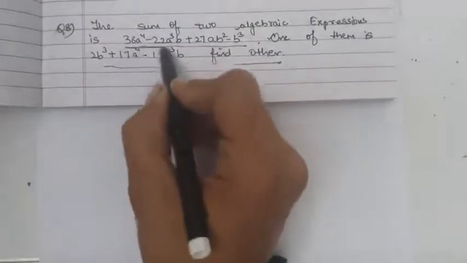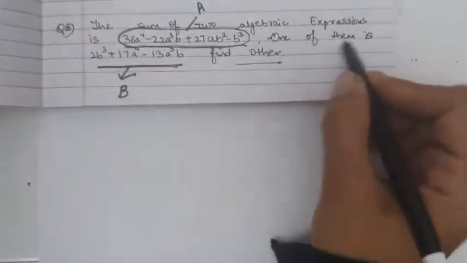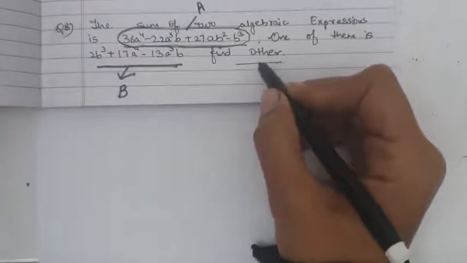Let us name this very big expression A, and let us simply write this whole expression as B. Now let us frame the equation. The sum of two expressions is A. If one of them is B, then find the other. Let us name the other C.